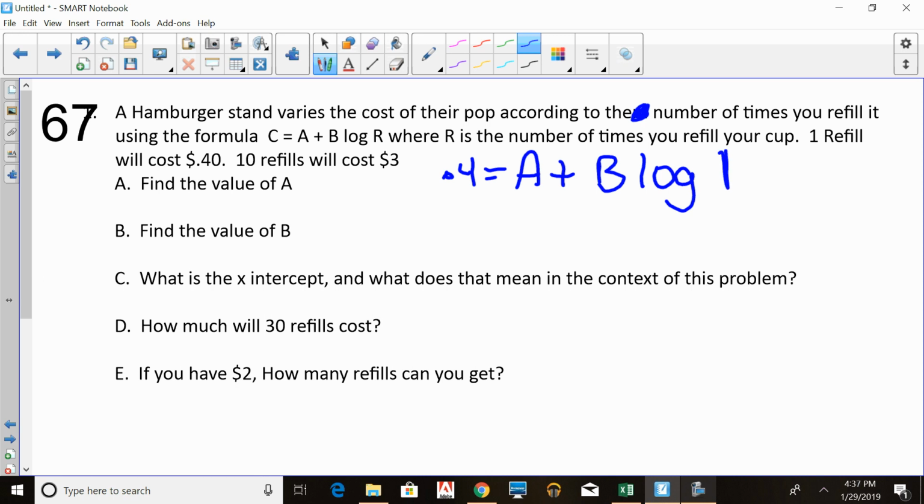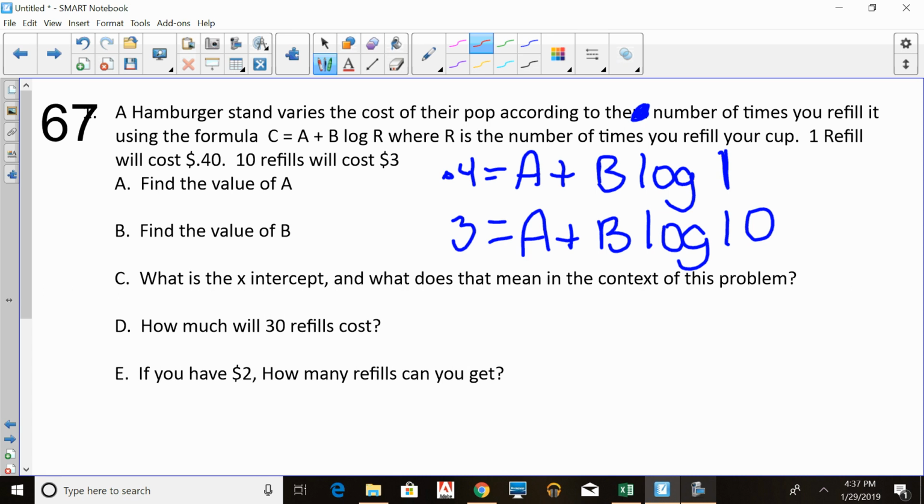And 10 refills cost you $3. So that means 3 equals A plus B log 10. Now, what is log 1 in this? Here we're supposed to find the value of A and B. Well, let's look at this equation right here. Log 1, if you must, use your calculator, is 0. Therefore, B times 0 is 0, so A is 0.4.